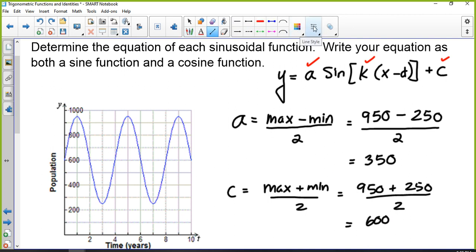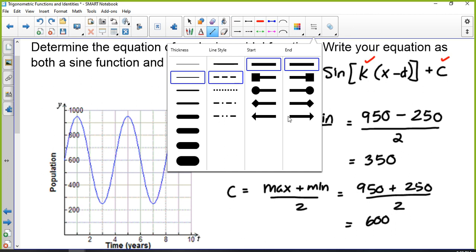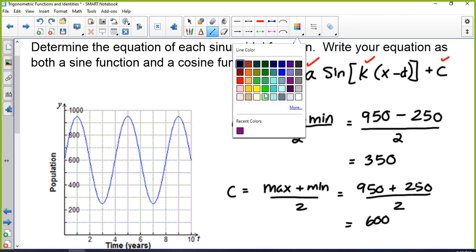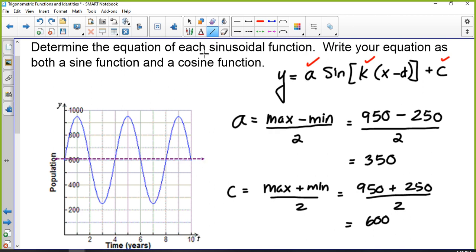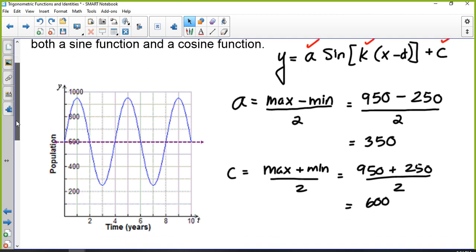That makes sense because if you look at the graph, you can see that the middle value is 600. That's really the equation of the axis. So we have our a parameter and our c parameter.